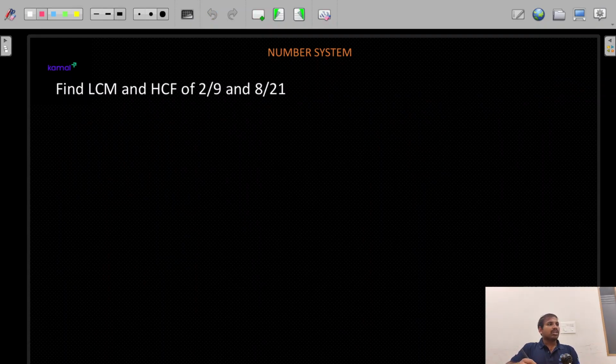So this is the second question. I want to find both the LCM and HCF of these fractions.